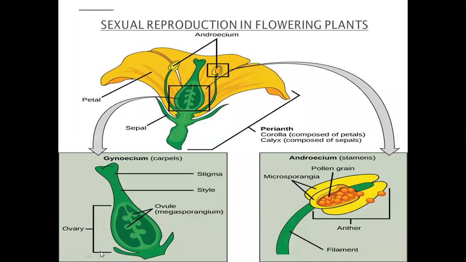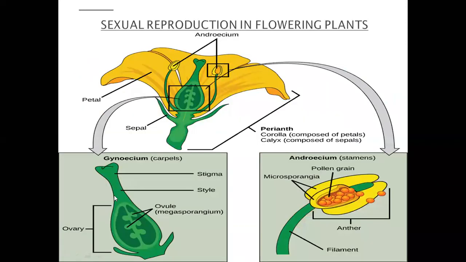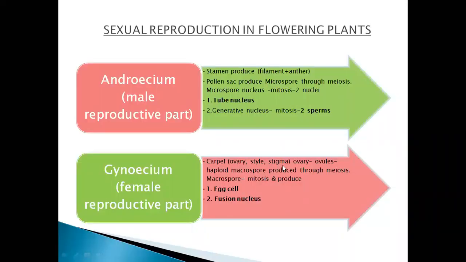Now I'm going to describe it with the help of this picture. The gynoecium, the female reproductive part, has the carpel: ovary, style, and stigma. I can show you the ovary, the style, and the stigma, three parts present here in the carpel region. Haploid megaspores are produced through meiosis, the same as the pollen grains were produced there.